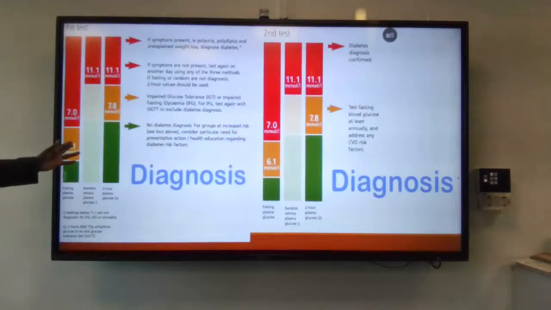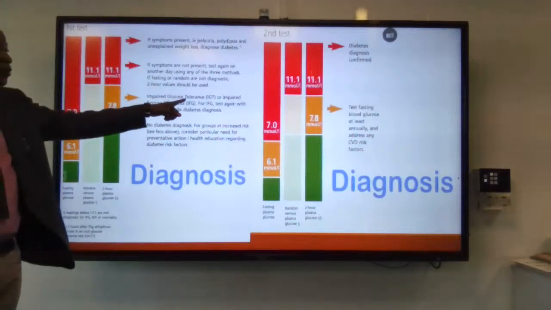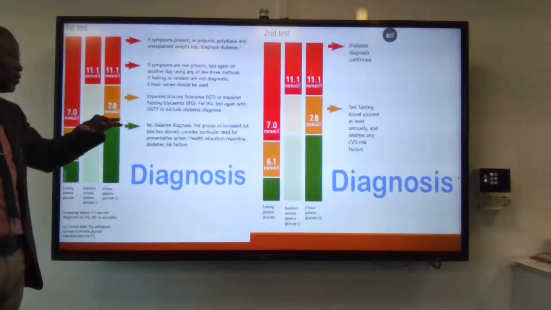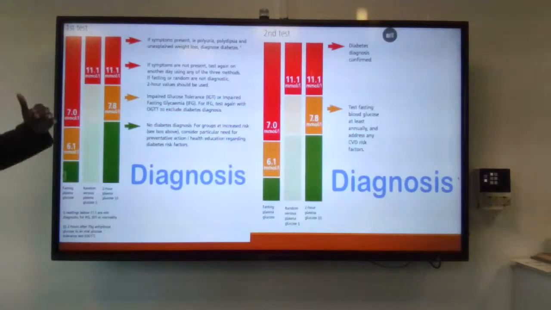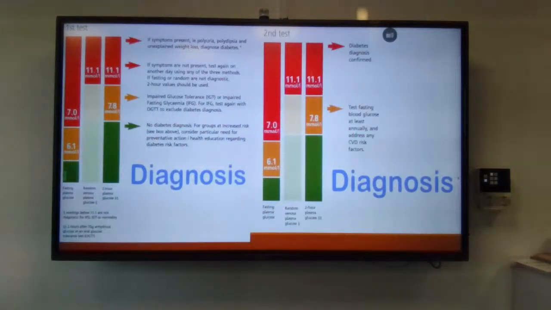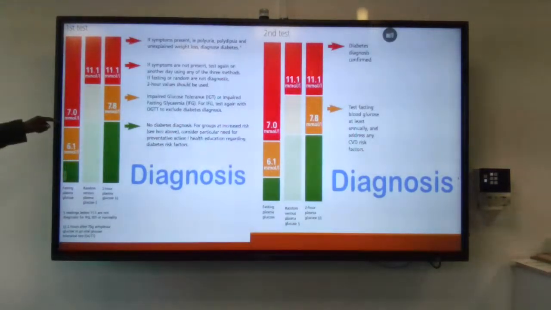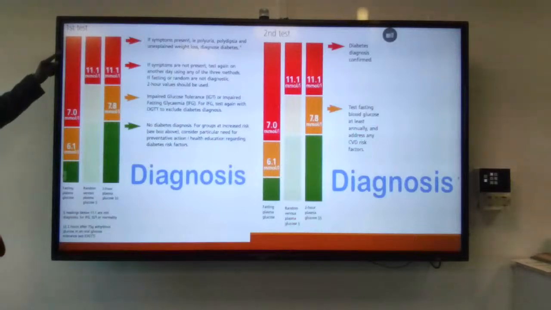So we need to keep an eye on these people. Impaired fasting, some people will call it pre-diabetes, people will say I have mild diabetes or whatever. Impaired glucose tolerance, they are just on the high level, but they haven't reached the threshold of diagnosing diabetes. But obviously, when it is 7 and above, that is a red flag.